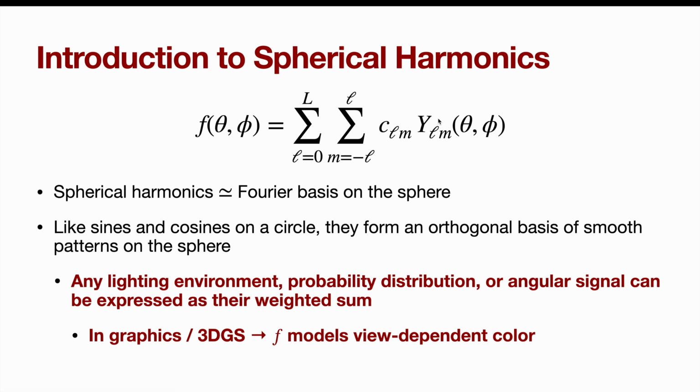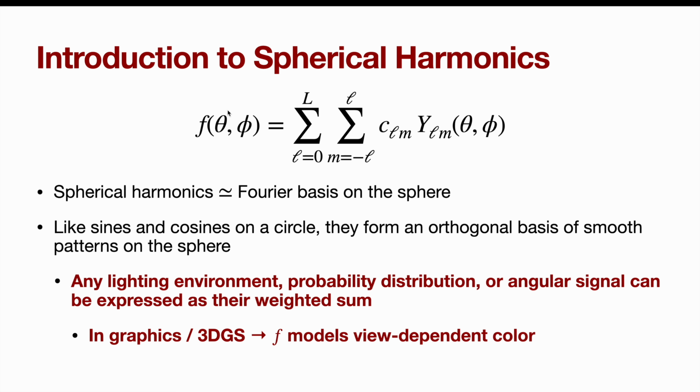Spherical harmonics, you can really see them as Fourier functions. You can see that with a nested sum of Y. I'm going to introduce Y in a bit, but you can see Y is a set of patterns. We have a lot of patterns. We start from coarse patterns, and if we add more terms in the sum, we can go from coarse patterns to finer and finer patterns.